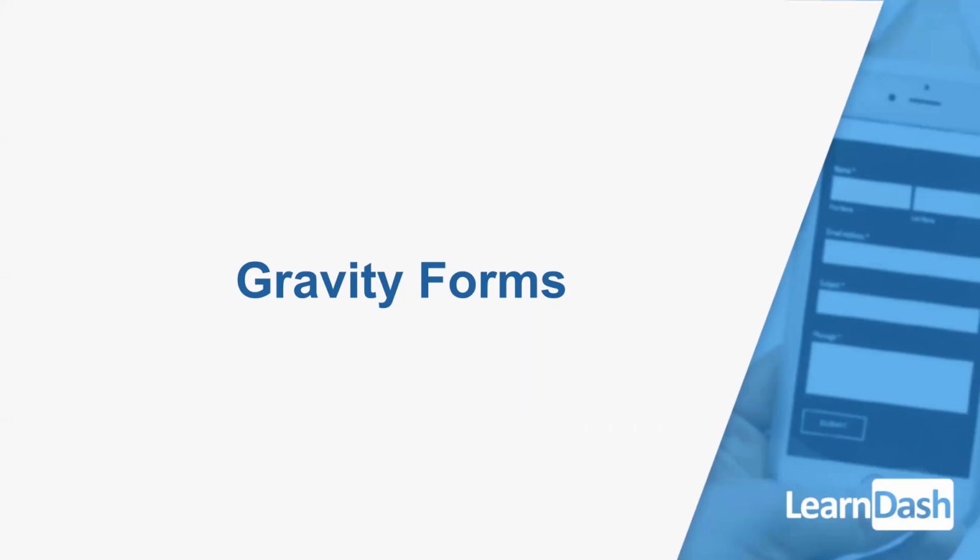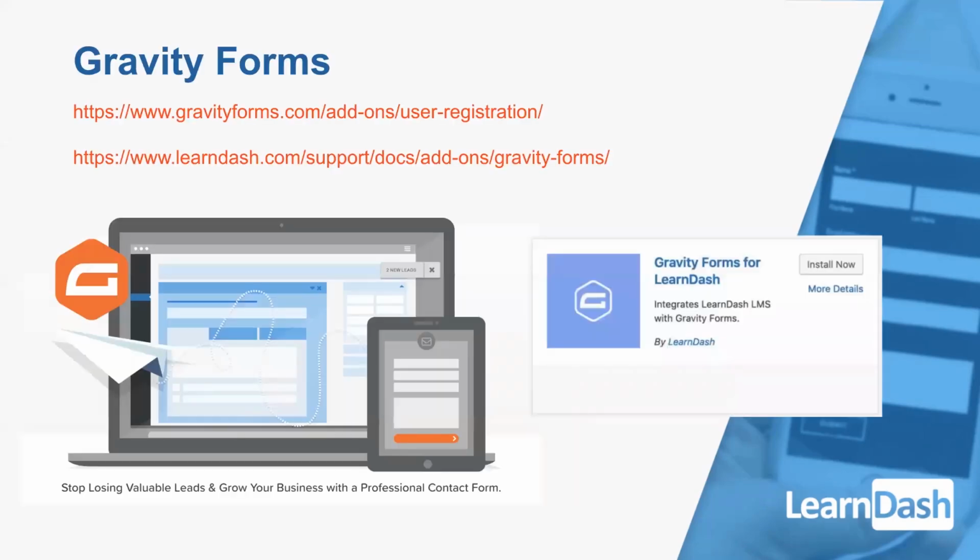I've used this lots of times when I needed a simple, easy, quick shopping cart solution for something. And you can sell access to courses directly through a Gravity Form with our Gravity Forms for LearnDash integration.